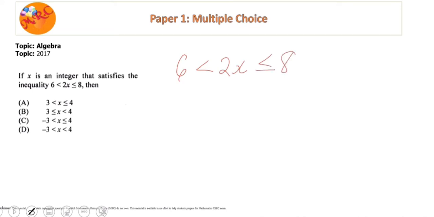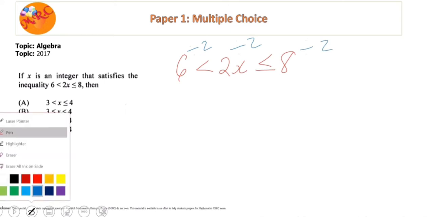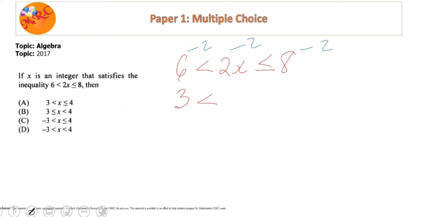I can divide through by 2. So I'm dividing by 2, dividing by 2, dividing by 2. In dividing by 2, I'm left with 3 less than 2x divided by 2, that is going to just give me x, less than or equal to 8 divided by 2, that gives me 4.